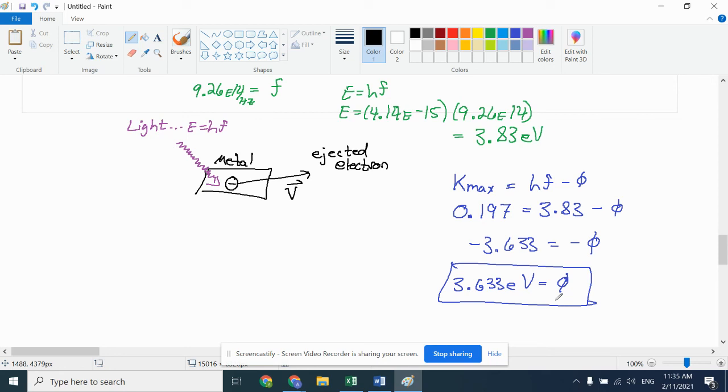The electron does not absorb the energy and then wait for another particle of light to strike it. It does not work that way. The electron can only absorb energy from one photon at a time. So you cannot say, I'll have two smaller photons hit the same electron and eject it. It does not work that way. That's a wrap.